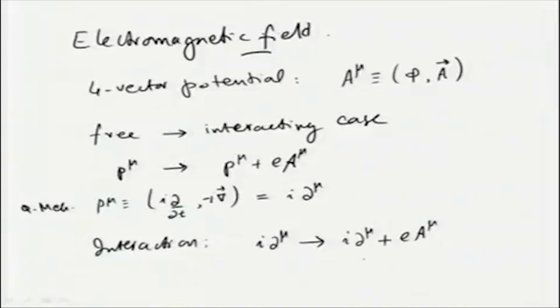We will see that we will be able to quantize this later on. We will see that we can interpret A mu as the wave function of the quantum of the electromagnetic field, which is the photon. Now, with this, let us look at the Klein-Gordon equation.